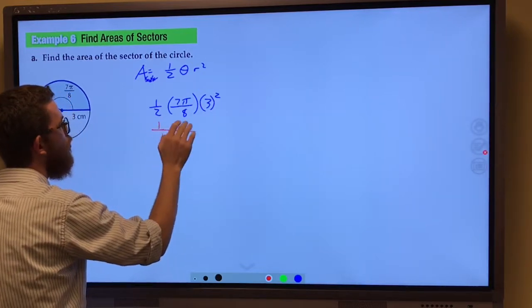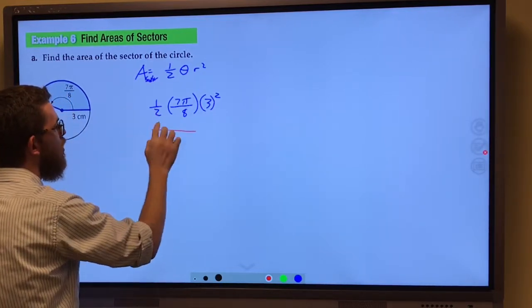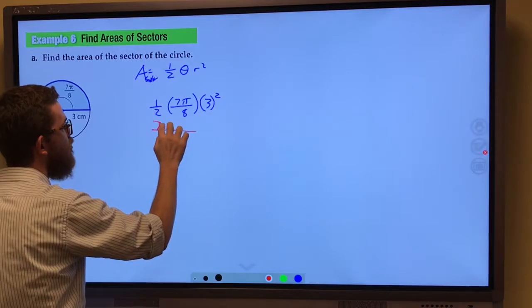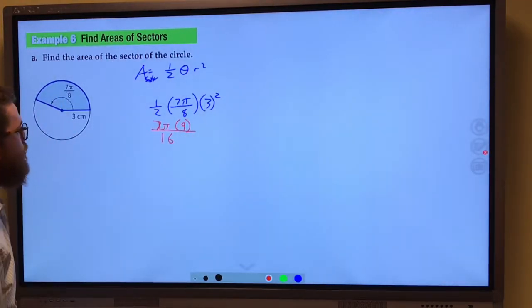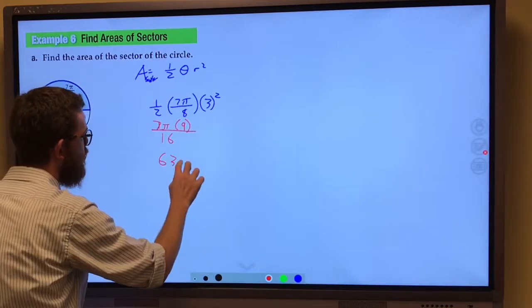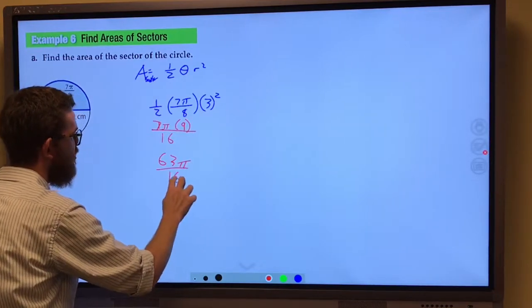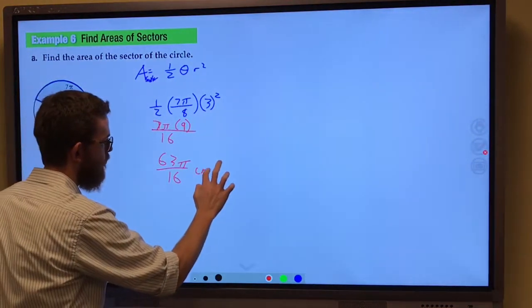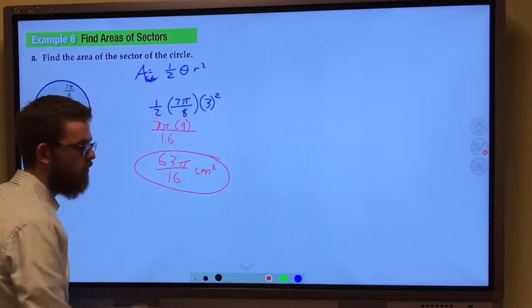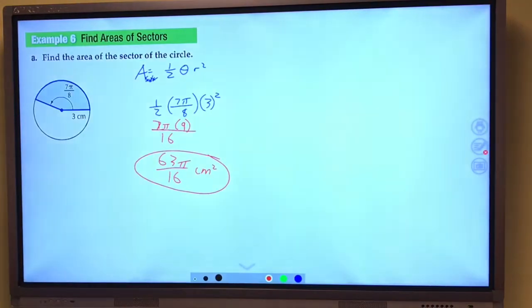On the top, we have 1 times 7, so I'm going to have 7 pi times 9. And so this gives us 63 pi over 16 centimeters squared. You just simplify what you have, throw some units on there, and we're done.